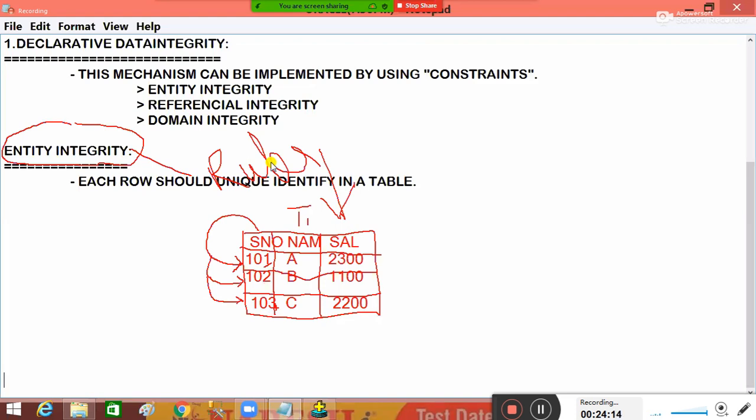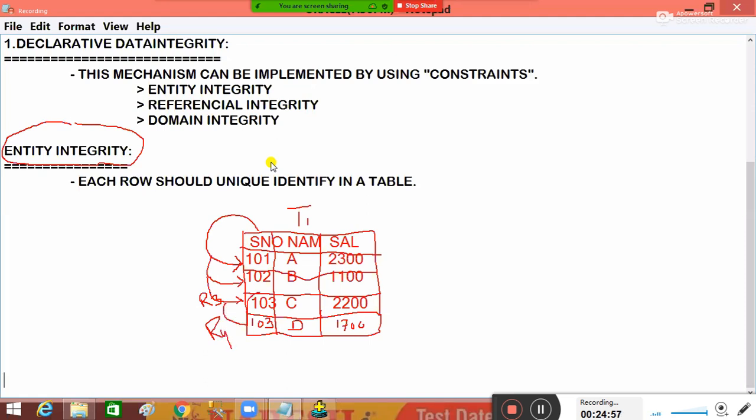But guys, observe. Suppose I try to insert another record: 103, D, and some salary, 1700. Unfortunately, this row is also accepted into your table. Now row number 3 and row number 4 have duplicate serial number values.